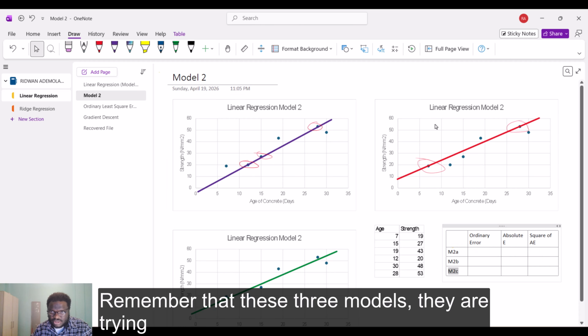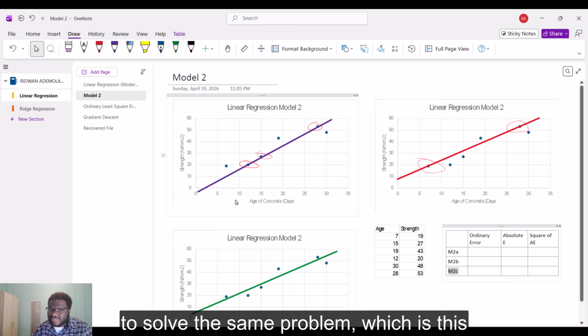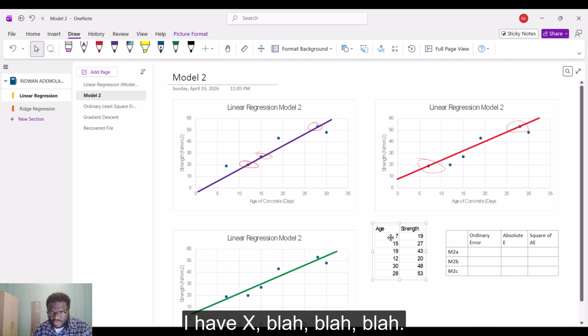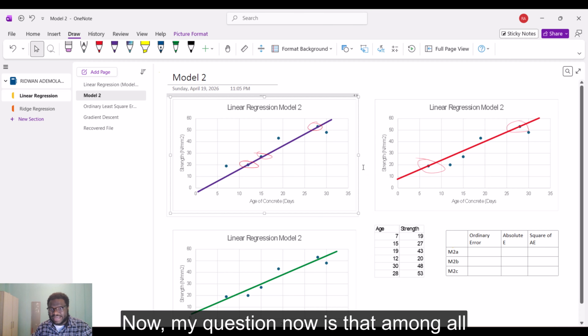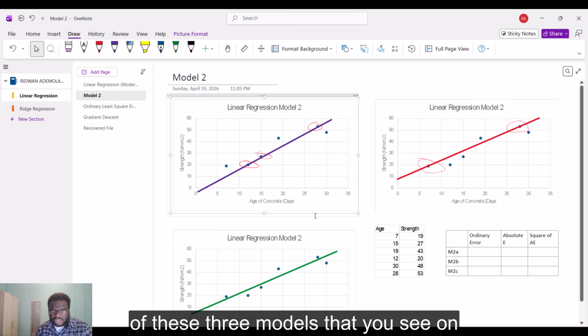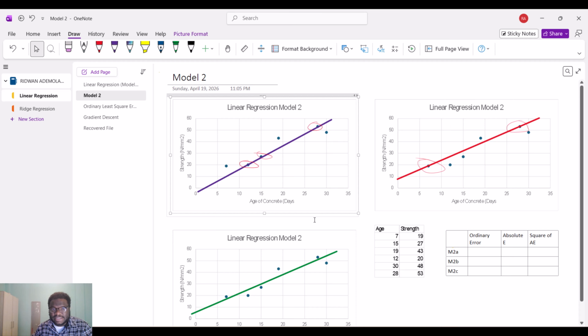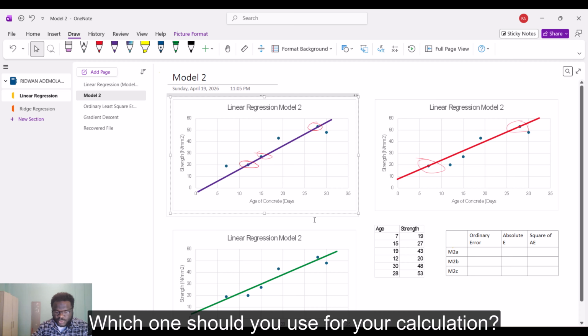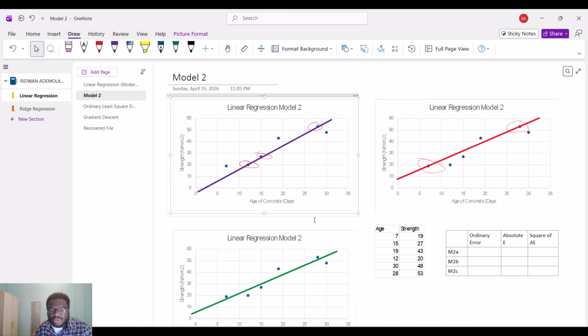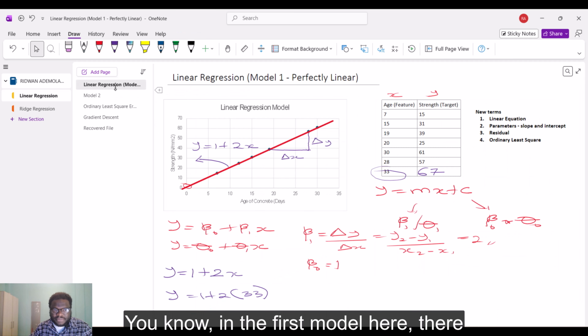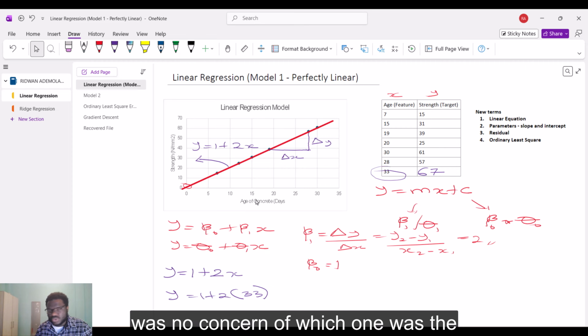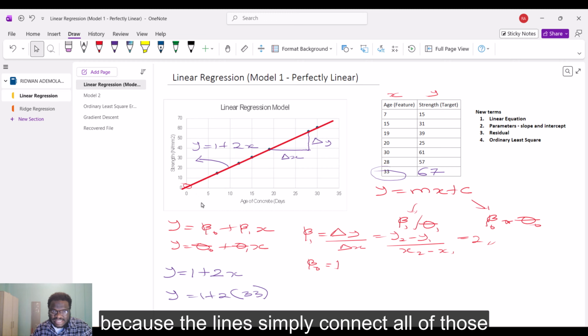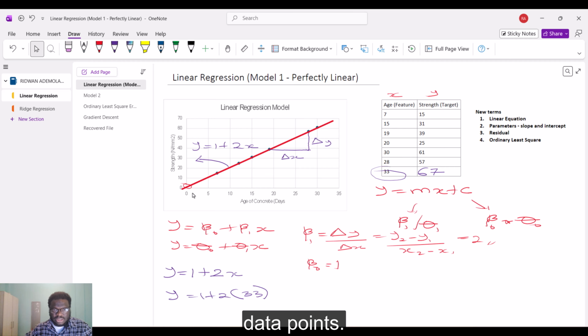Remember that these 3 models, they are trying to solve the same problem, which is this problem. I have X, blah, blah, blah. They are plotted with this. Now, my question is that among all of these 3 models that you see on the screen, which one is the best? Which one should you use for your calculation? In the first model here, there was no concern of which one was the best, because the line simply connects all of those data points.